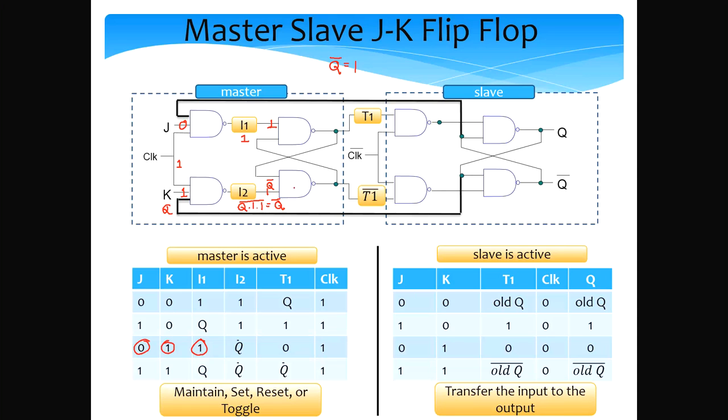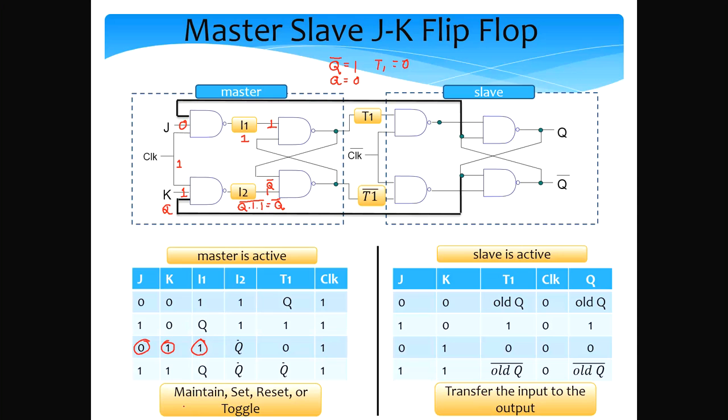Whatever is the old value of T1 and T1 bar, the same value will be maintained. The old value of T1 is the value of Q. Since Q bar is equal to 1, Q is equal to 0. So when Q bar is equal to 1, T1 is equal to 0, which is the value of Q.